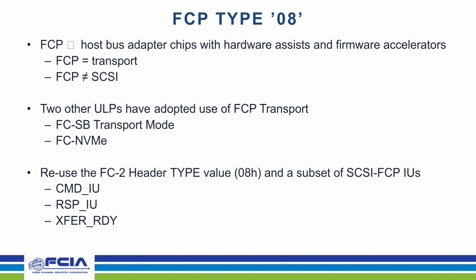And they also use a subset of the same SCSI FCP IUs. They use the same R_CTL values. And so to an HBA, these additional upper layer protocols look the same as FCP. But again, looking the same, using key critical features and bits and bytes, nevertheless doesn't mean that the entire content or definition of the IUs is the same.